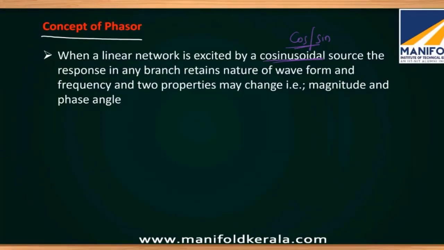What are the two properties that it retains? It retains the frequency, and the nature of the waveform will not change. A cos signal will remain a cos signal. Omega will remain omega only. There is no change in the nature of the signal, and there is no change in the frequency of the signal.